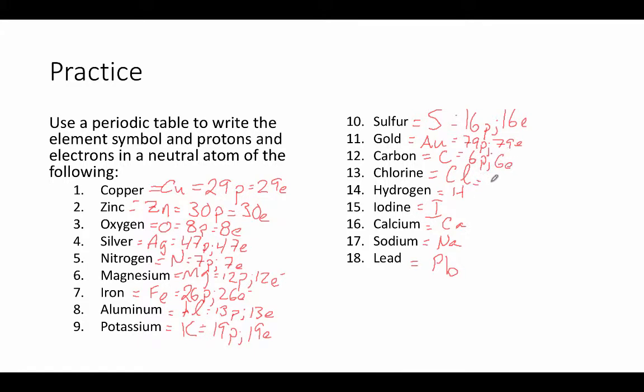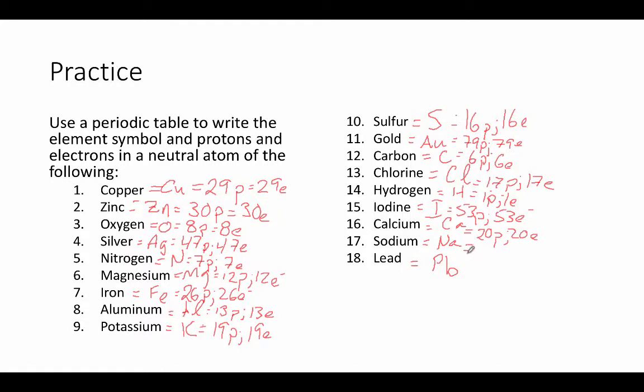Chlorine is element 17, so we have 17 protons and 17 electrons. Hydrogen is element 1, so we have 1 proton and 1 electron. Iodine is element 53, so we have 53 protons and 53 electrons. Calcium is element 20, so we have 20 protons and 20 electrons.